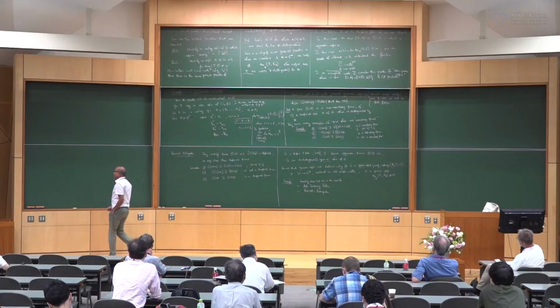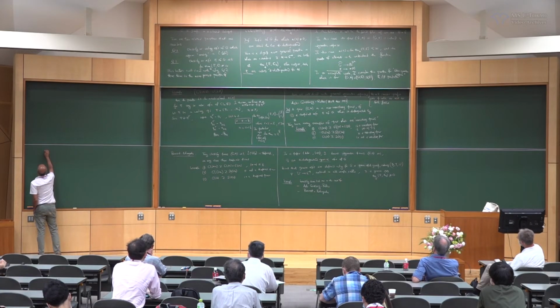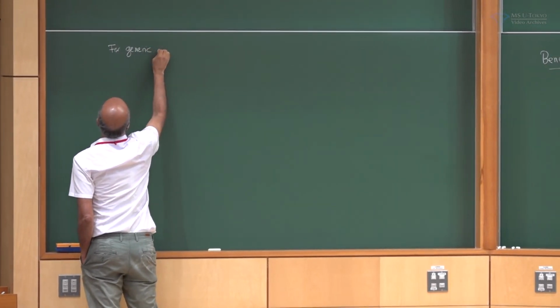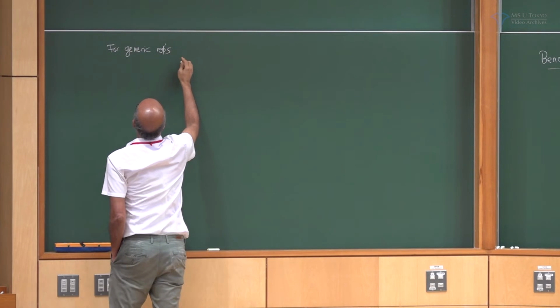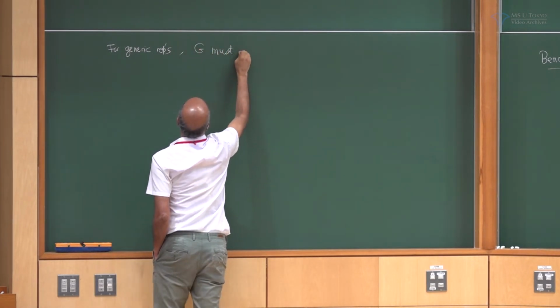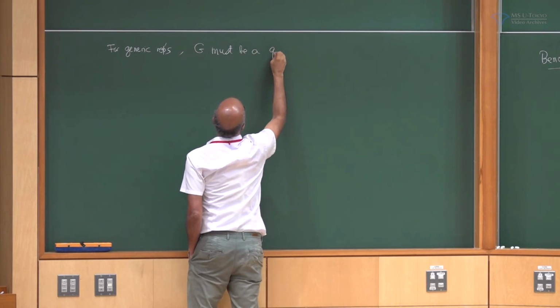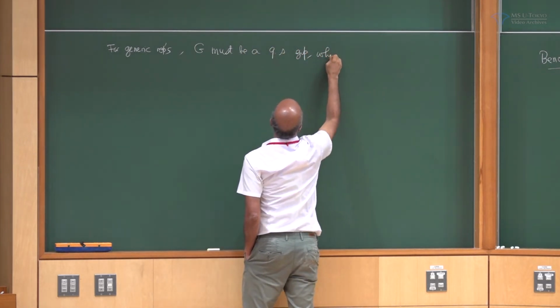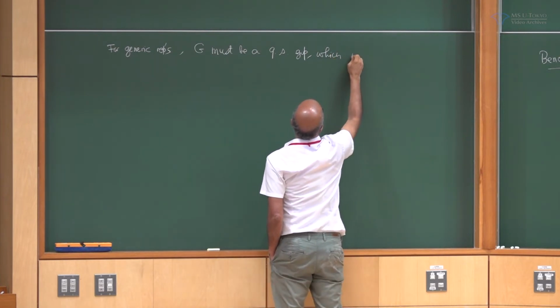So for generic representations, G must be quasi-split, a quasi-split group, which we assume in the rest.